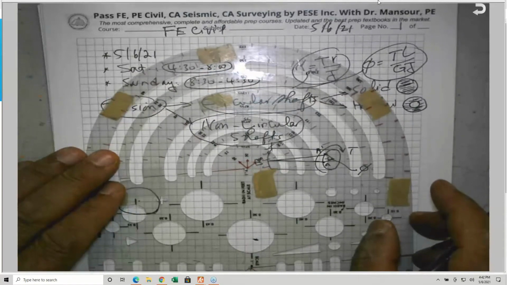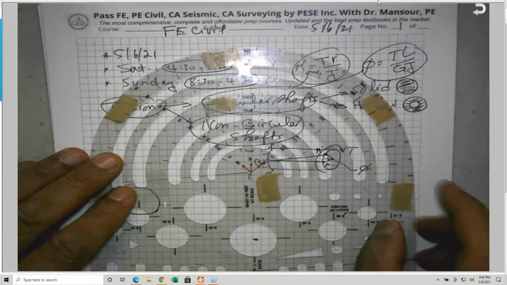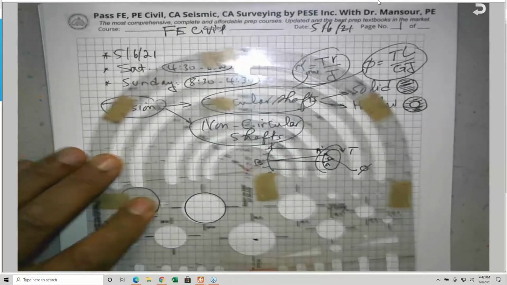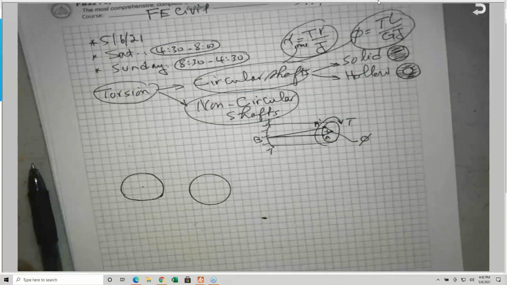Let me do it. It will still be a little bit off because of the camera, but at least it is like a circle.